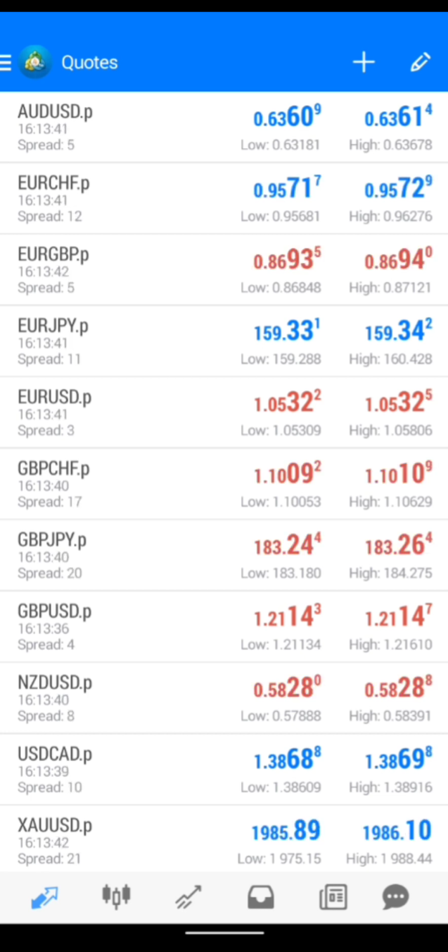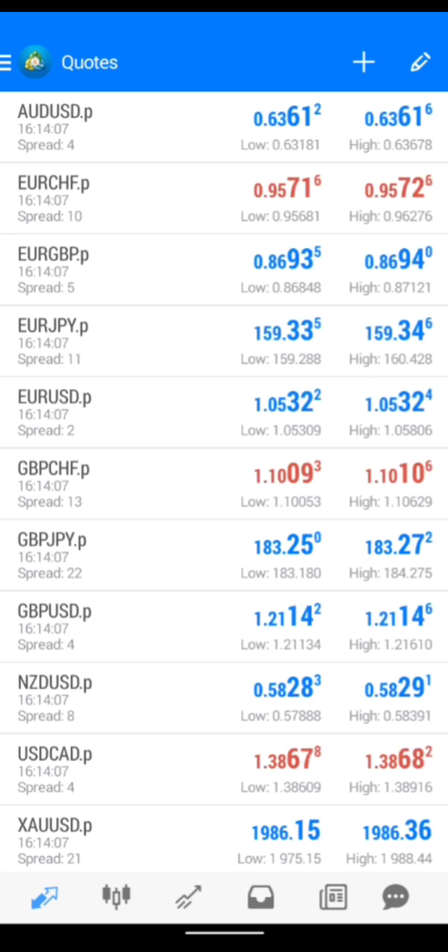So for instance, at the very top we have the quotes of AUD USD. AUD is an abbreviation of Australian dollar, paired against the US dollar. US dollar is abbreviated as USD.